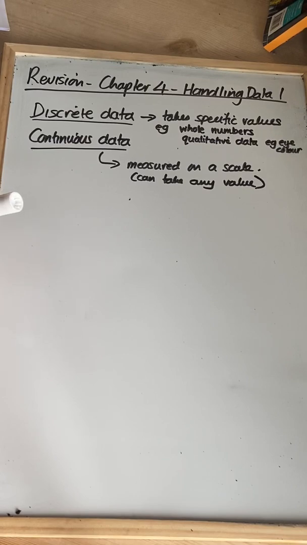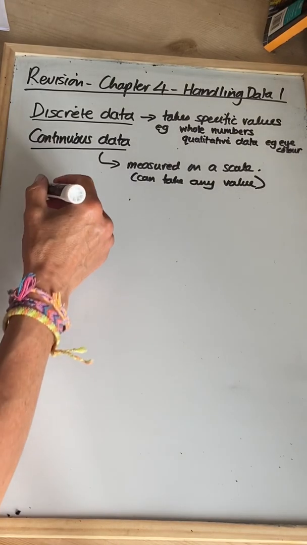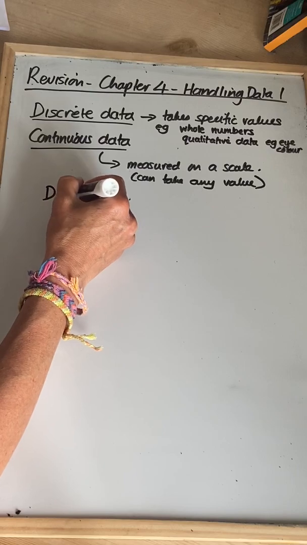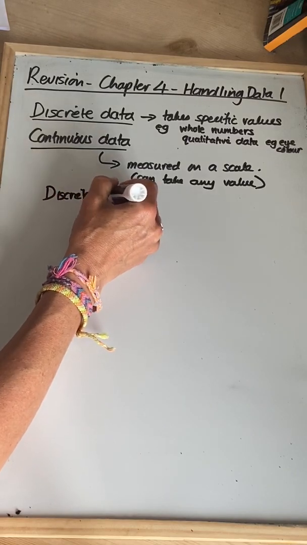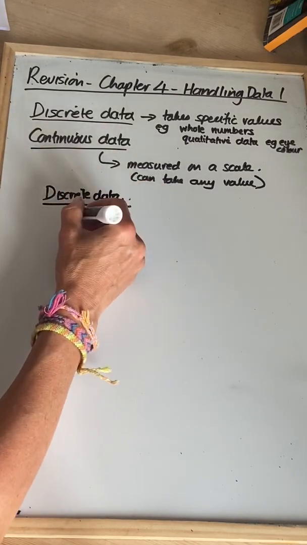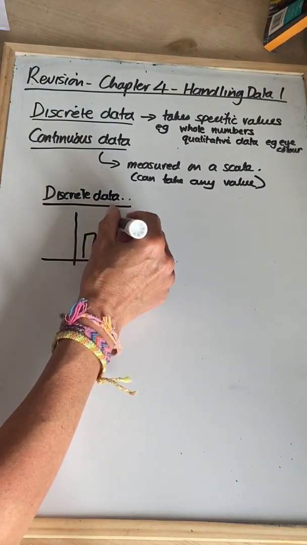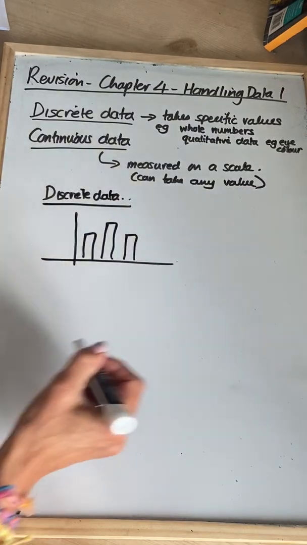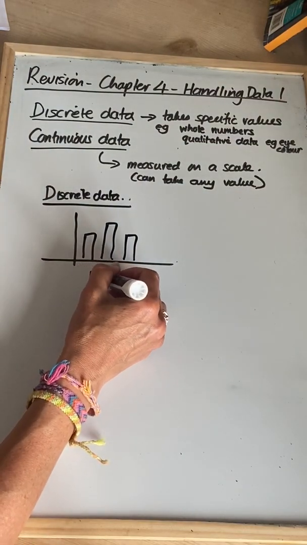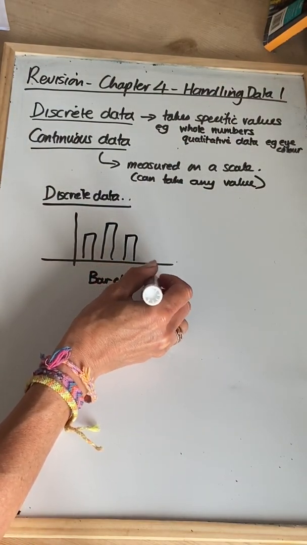Now, the ways that we have for presenting data, for discrete data, we can use things like a bar chart. Sometimes bar charts can be a bit fancy. So here's my bar chart.